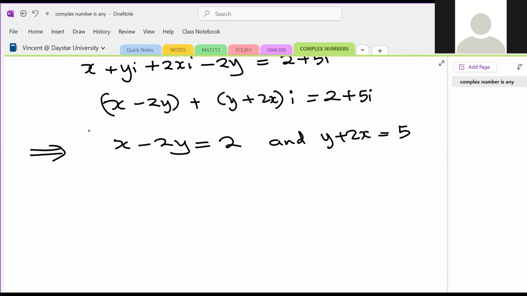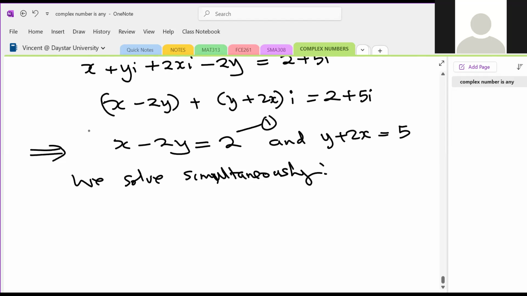So then we solve simultaneously. So from here, if I call this equation 1, this equation 2, from 1, x is equal to 2 plus 2y.